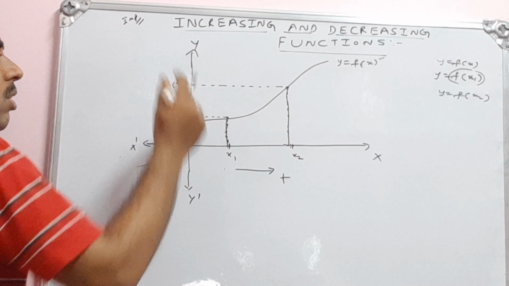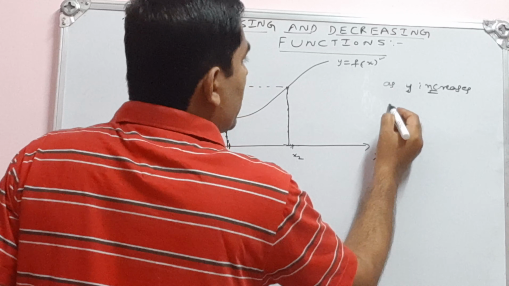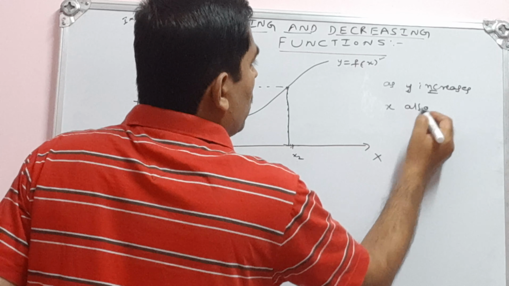See, as y increases, x also increases. That's why I have written plus plus. As y increases, the value of x also increases, so we can make that out from the graph.